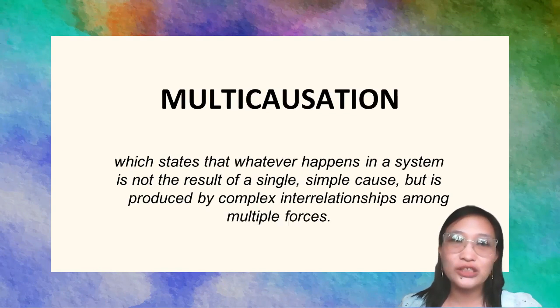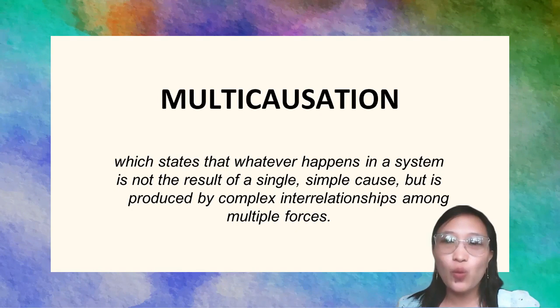Let's go to another principle, multi-causation, which states that whatever happens in a system is not the result of a single simple cause, but is produced by complex interrelationships among multiple forces. So multi-causation emphasizes that the behavior or outcomes of a system are influenced by multiple causes or factors.